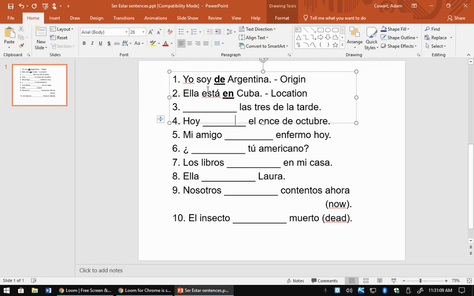Okay, there's a big difference between being from Argentina and in Cuba. You can be from Georgia and in Tokyo. Those are very different things. Número tres, the answer is son las tres de la tarde. This is giving the time. It is 3 o'clock in the afternoon. Número cuatro, hoy es el 11 de octubre. This is simply saying the date. Today is the 11th of October.